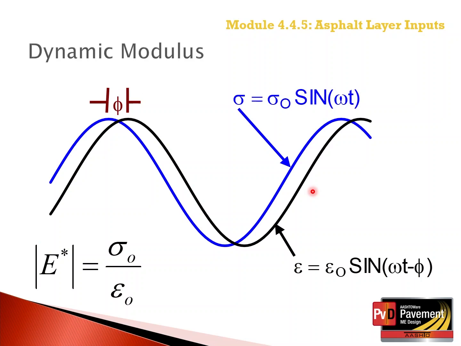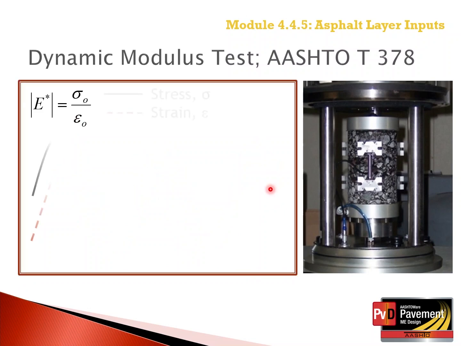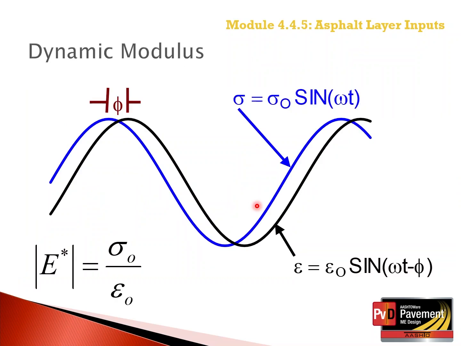This is an expanded simulation of one of the loading cycles from the previous slide, showing both the load being applied and the resultant deformation or strain being measured. It shows a graphical definition of the phase angle.